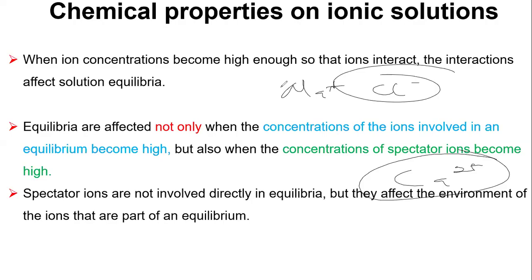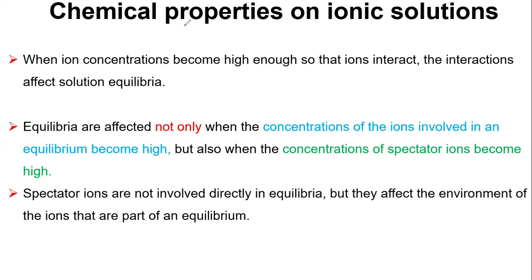So that is what we are talking about: even the spectator ions can have an effect on the equilibrium, even though they are not directly involved in the equilibrium reaction. Very important to note. Very interesting concept coming up. Very interesting times ahead. Good. So spectator ions are not involved directly in the equilibrium, but they affect the environment of the ions that are part of the equilibrium.